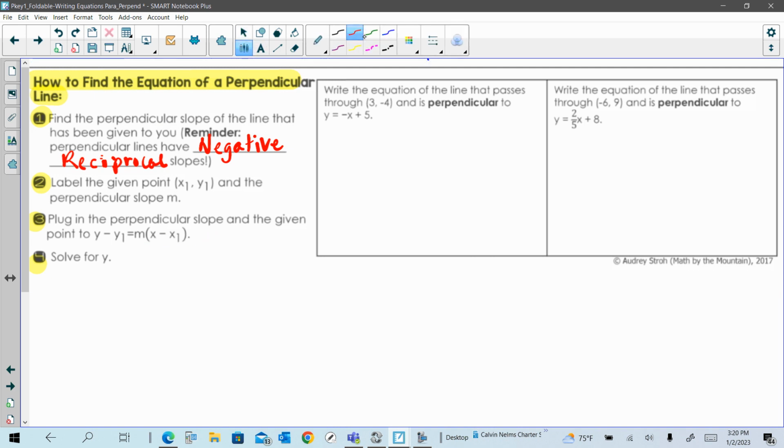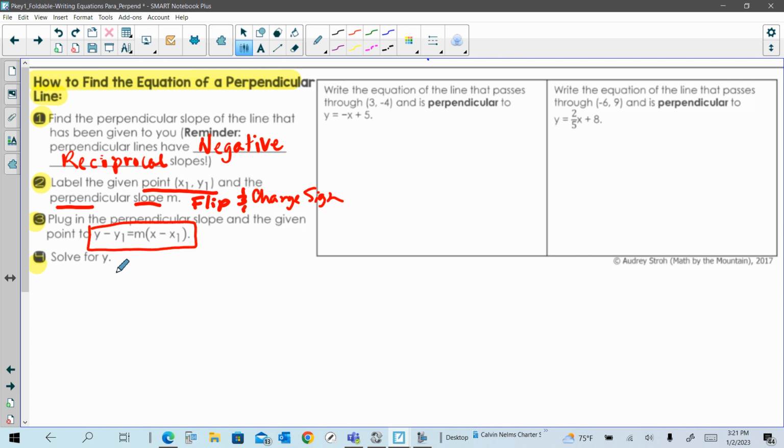So we're plugging in our point for x1, y1, but we're using the perpendicular slope, so that's when we have to flip and change sign. And then now we're going to use the point slope formula, and then we're going to do the same thing, solve for y.